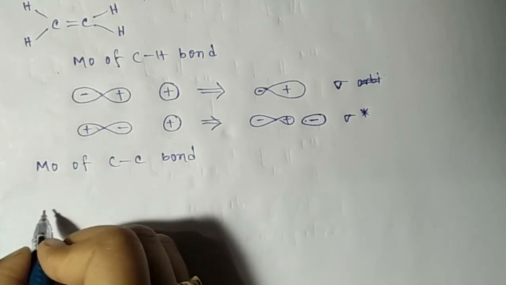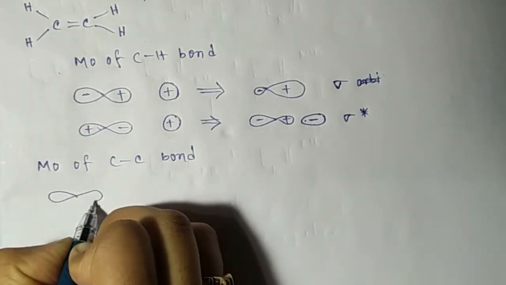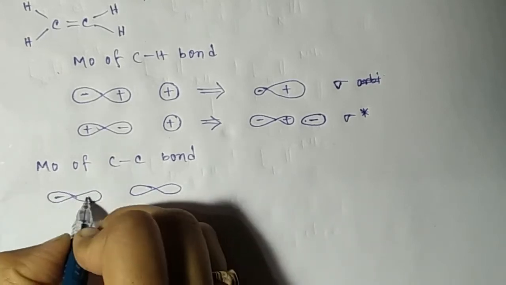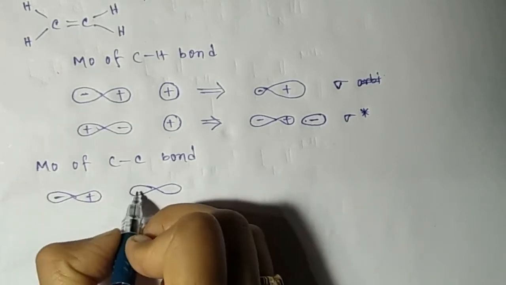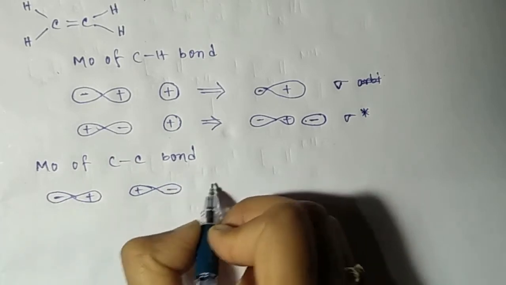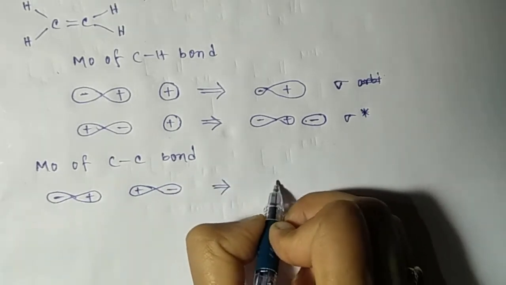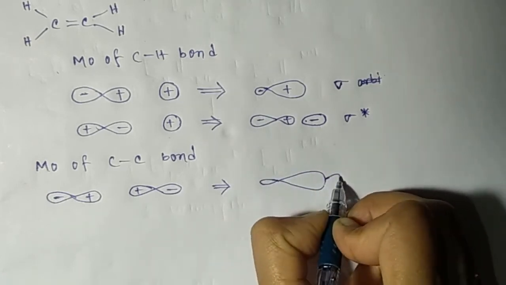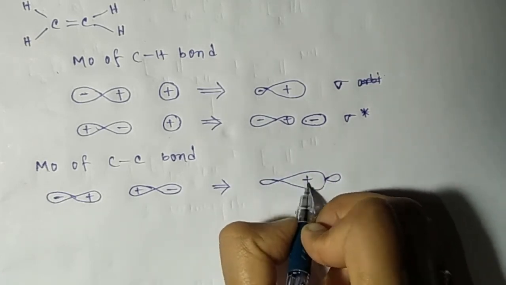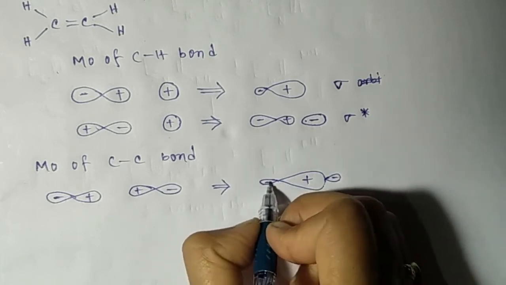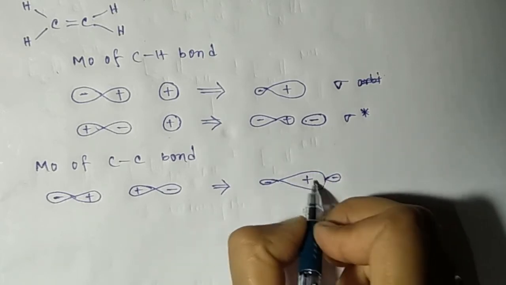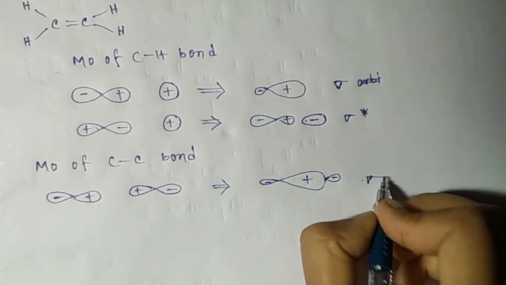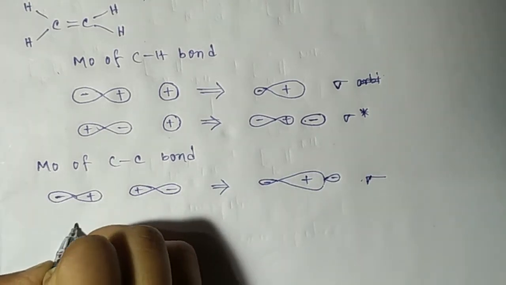Here again we will have p orbitals of two carbon atoms, and when they overlap in phase condition, that is, of similar phase, they create this structure. This is the cylindrical charge density, and this is called the sigma molecular orbital.